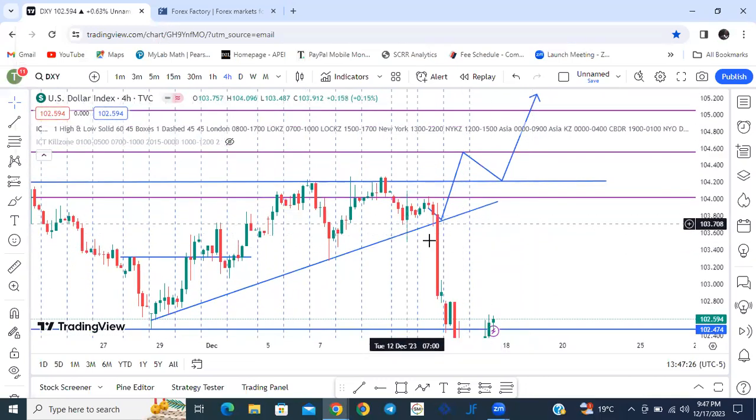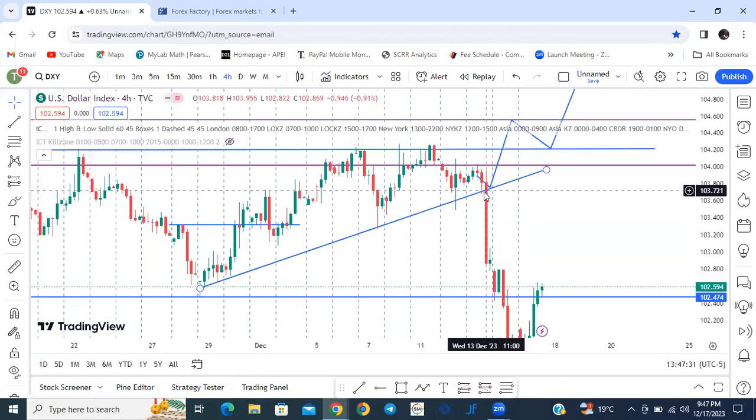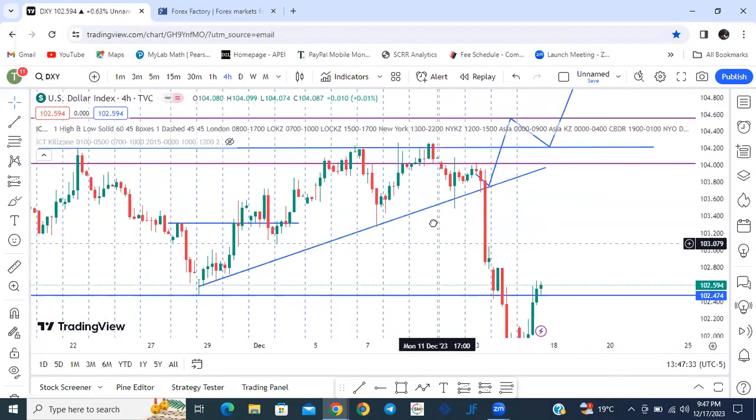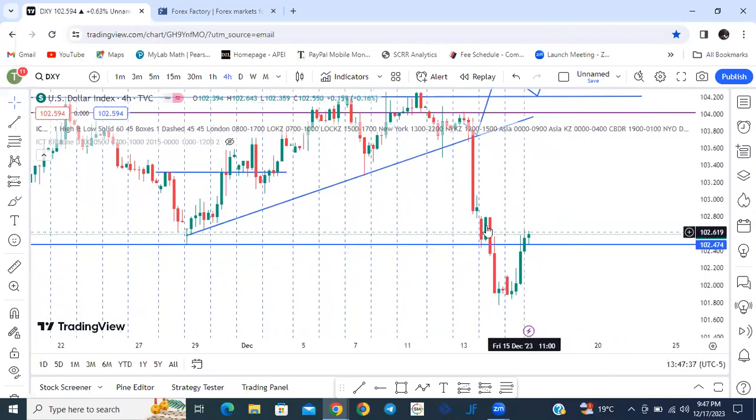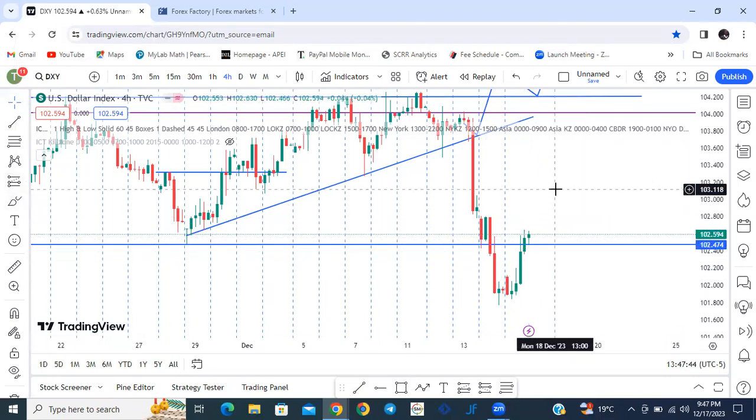But due to the fundamentals, the price did not respect the trend line. That is the reason we had this downward movement, and then a retracement at this level.